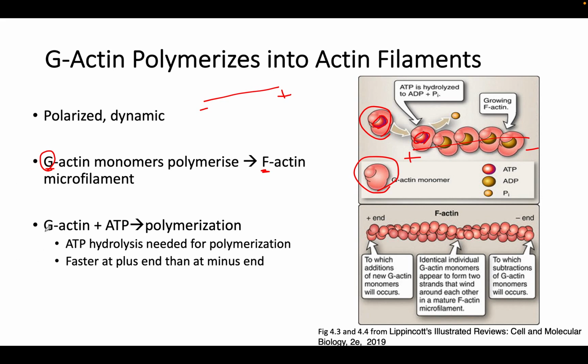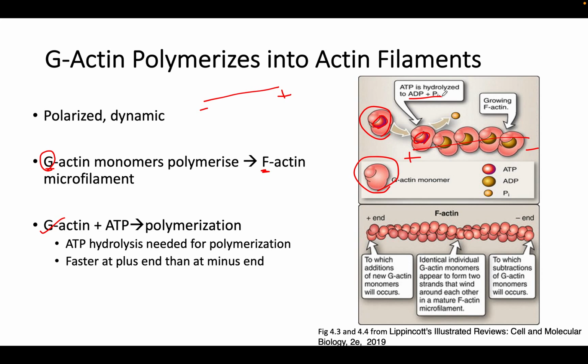Hence, in the third point, moving back over here, we see G-actin needs ATP for polymerization to occur. And when the new G-actin adds to the filament, we have hydrolysis of ATP, meaning that the ATP is basically broken down to form ADP, adenosine diphosphate, and inorganic phosphate. The picture at the bottom, there are a few words in the boxes there, and I'll leave you to read that.